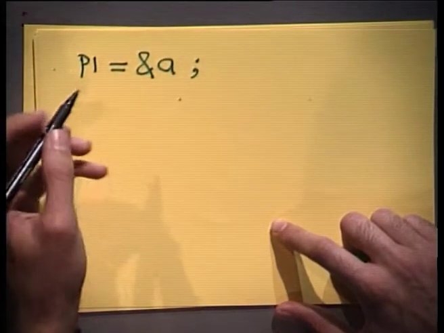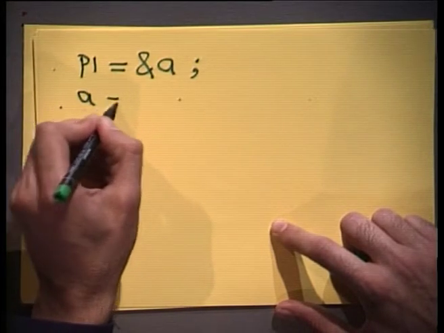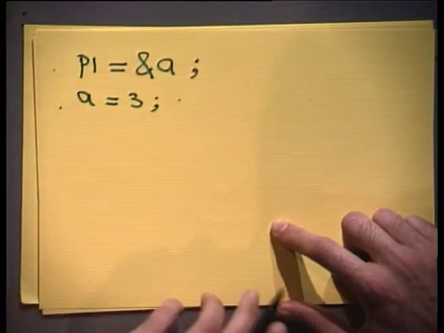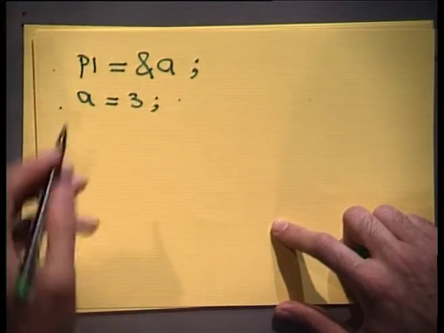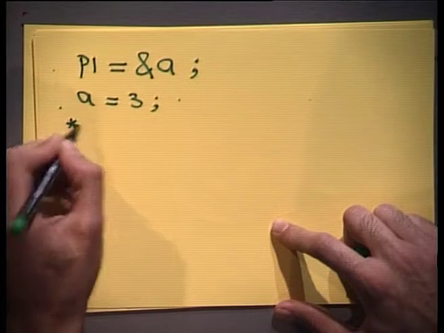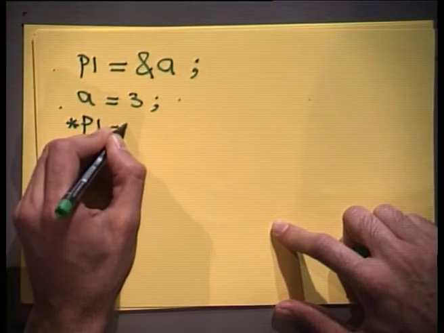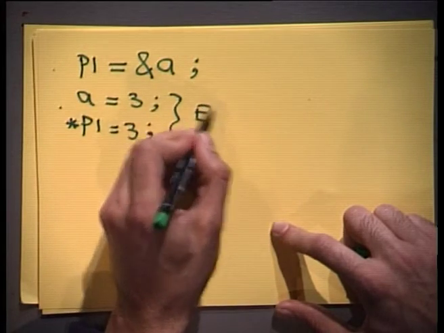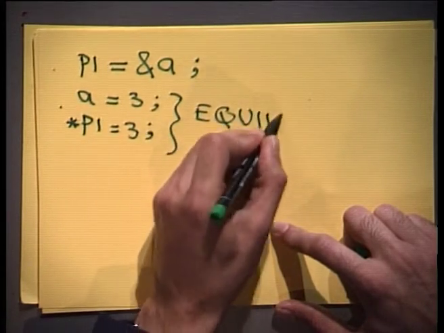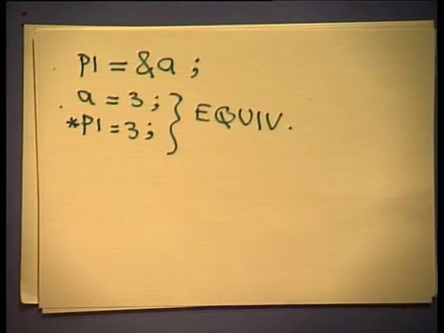And now I can say a equals 3. We all know this, simple C. Or I can put 3 in a in a different way. I can say the contents of P1 is 3. These two statements are actually equivalent. And that's what this statement says.